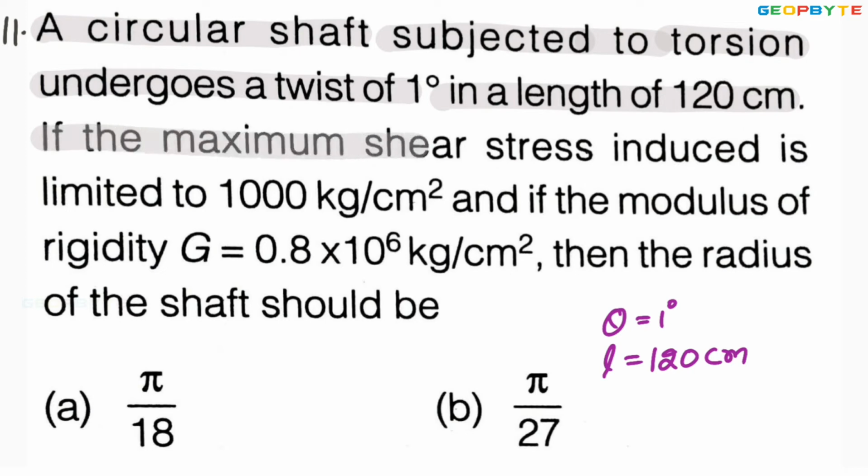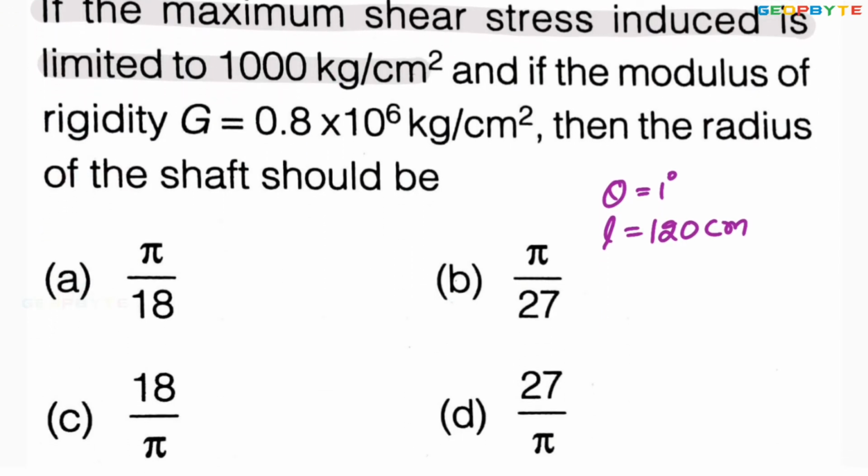If the maximum shear stress induced is limited to 1000 kg per cm square, the shear stress tau is equal to 1000 kg per cm square.